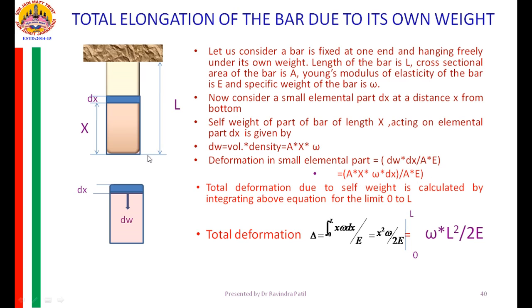Why are we integrating it? If the location of this part changes, the weight acting on it changes, but the expression for the weight remains the same in terms of x. That is why x is the variable here, and that is why I need to integrate from 0 to L.